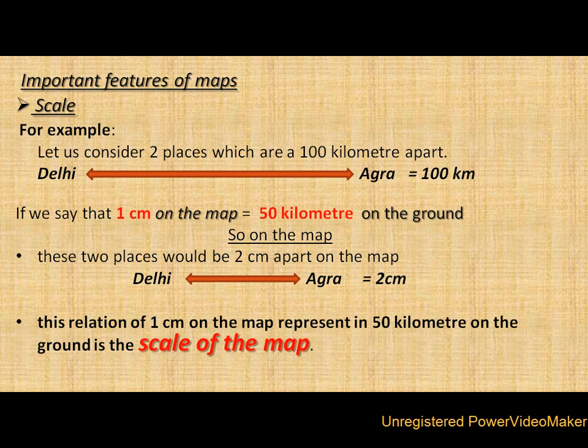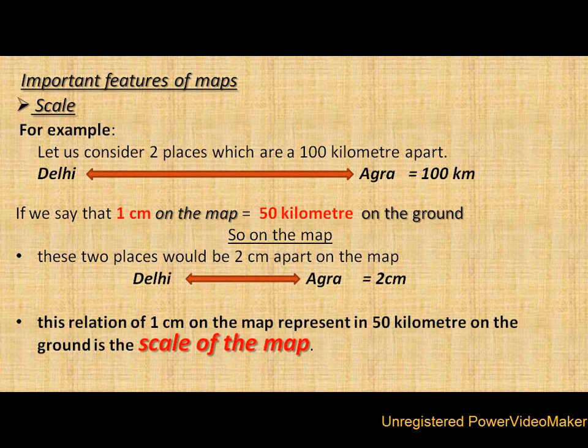If you want to draw this in a real way, then you have to take a 100 km length paper, but you have only an A4 sheet. So you have to take a small measurement formula to make these places fit to the A4 sheet.